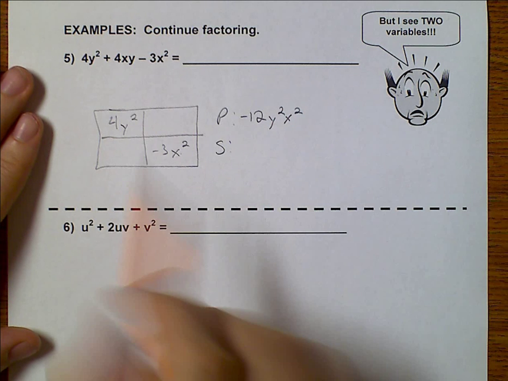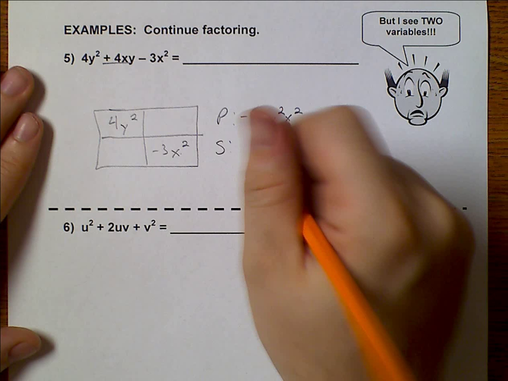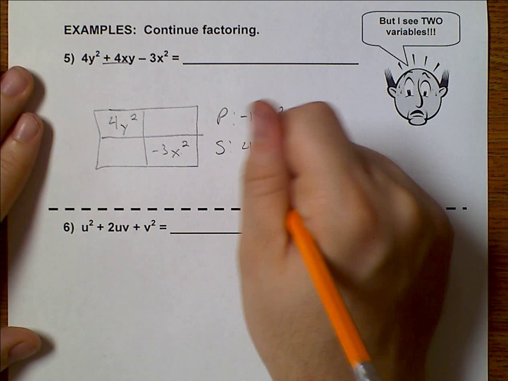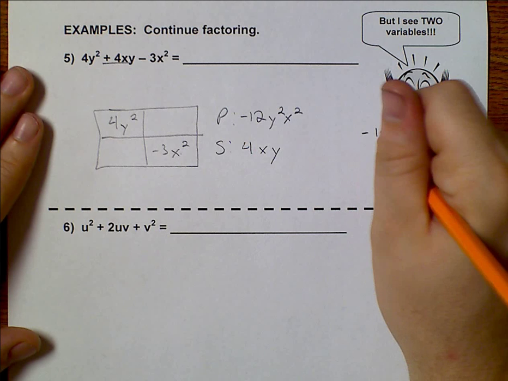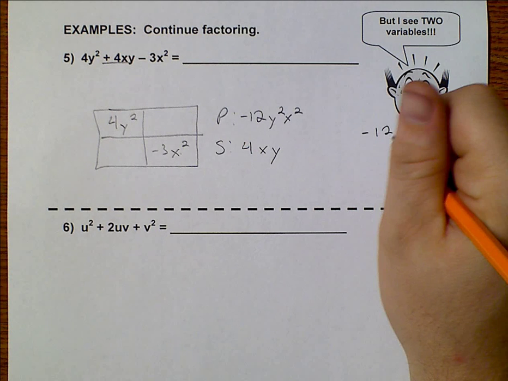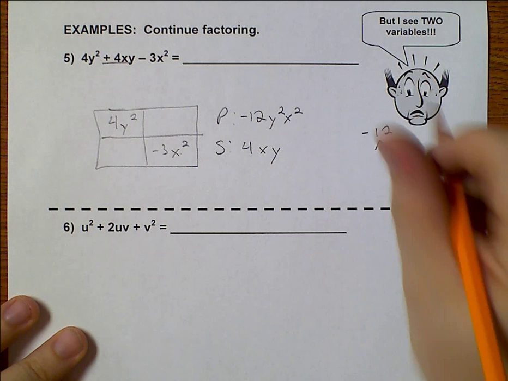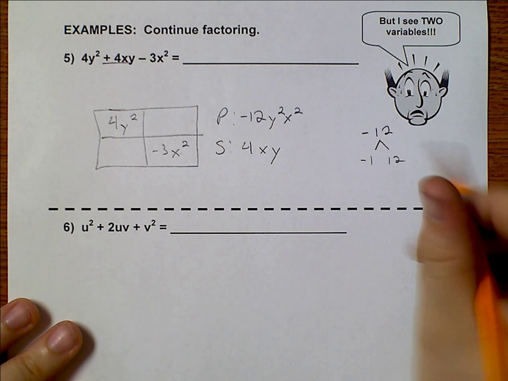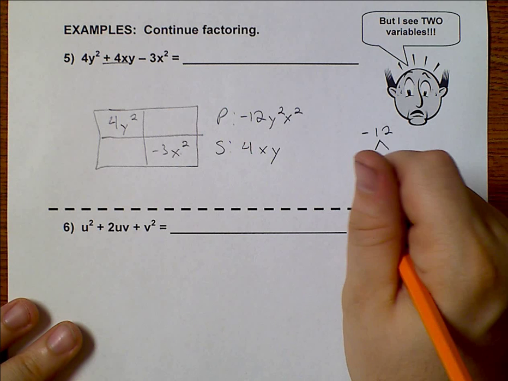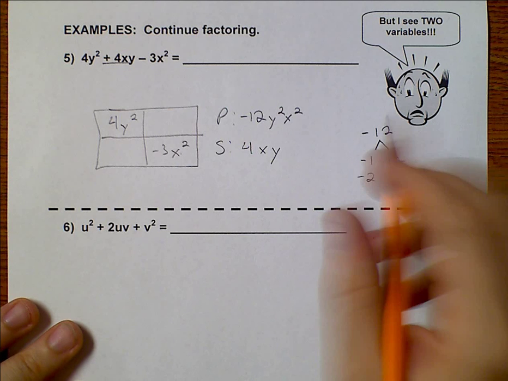And my sum still comes from the middle. That would be 4xy. So I still figure out what multiplies to negative 12, and we'll add to a positive 4. Well, negative 1 and 12 is 11. Negative 2 and 6 will give me 4.